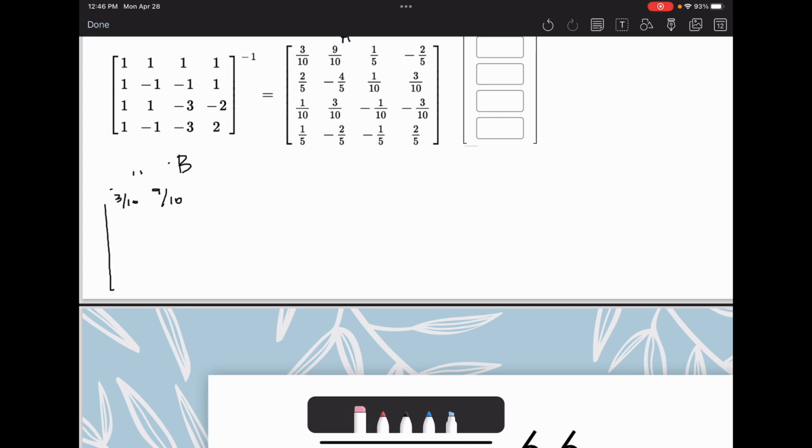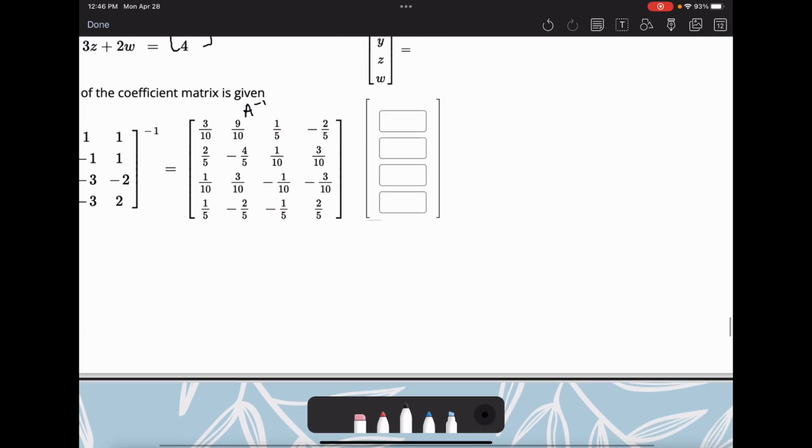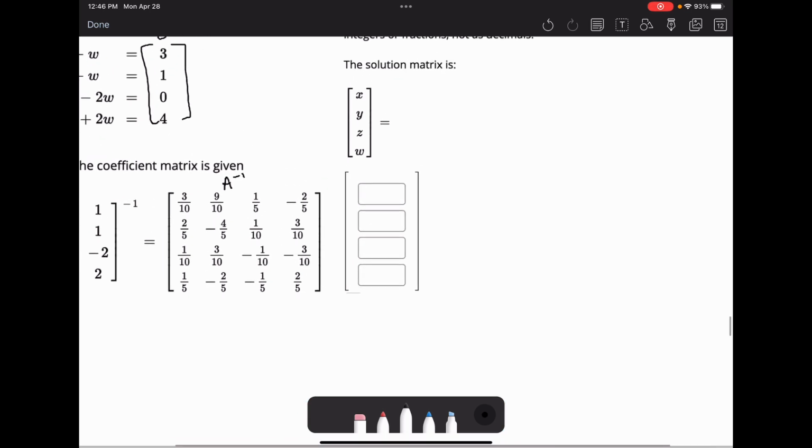I'm going to be lazy and write B. I'm going to say that this is B, even though that was the place we were supposed to write our answers. But then I'm going to say that this is our solution, and that'll just make it so I don't have to rewrite this big matrix again. So we're taking our top row times the column. To make it easier, I'm going to do 3/10, 9/10, 1/5, and negative 2/5.